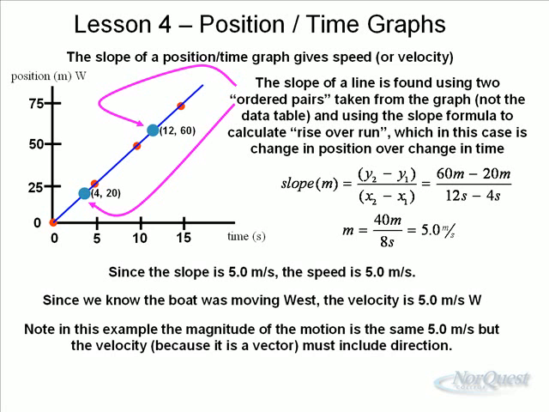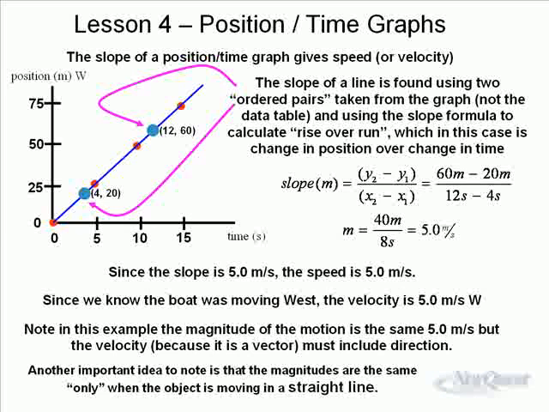Now, in this example, the magnitudes of the speed and velocity are the same, but the velocity must also include direction, which would be, in this case, west. We have to understand that the only time the magnitudes are going to be the same is when the object is moving in a straight line.